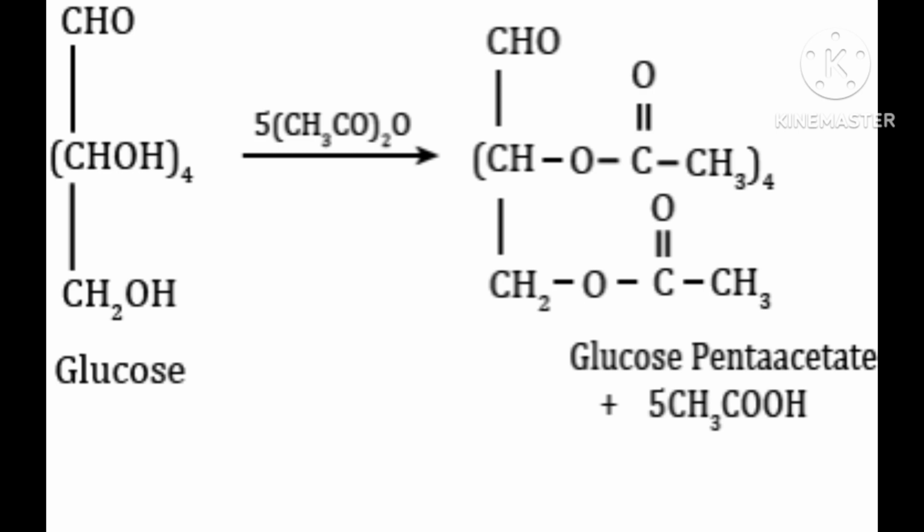Means in both cases, whether you take gluconic acid or glucose, finally you will get saccharic acid, a dicarboxylic acid. This indicates the presence of a primary alcoholic group, OH group, in glucose.